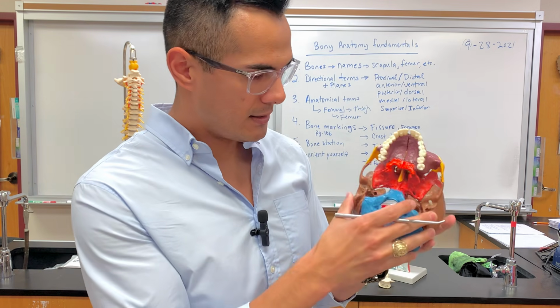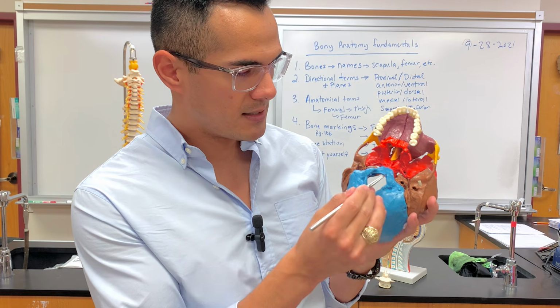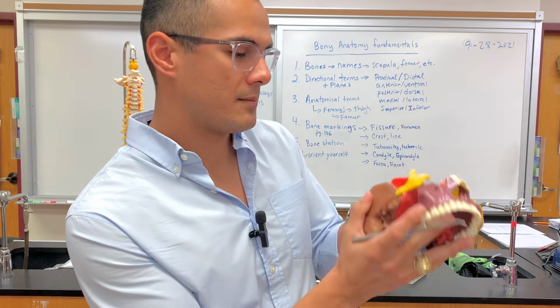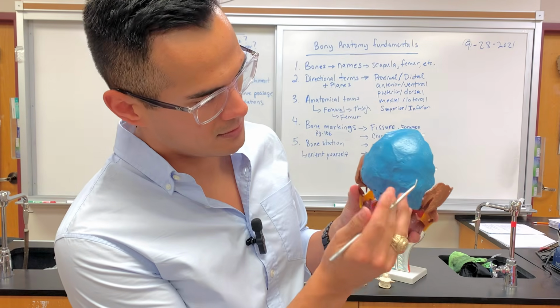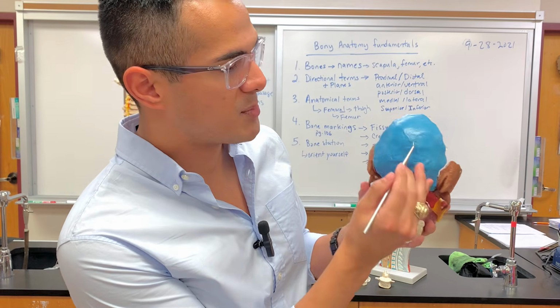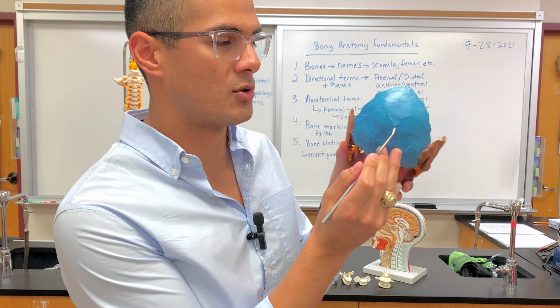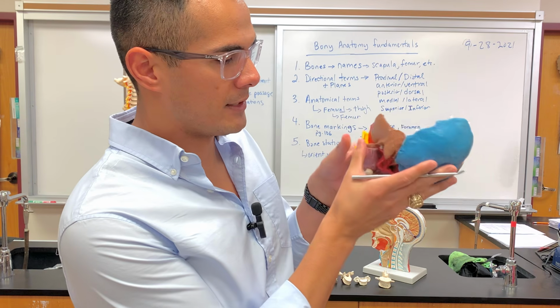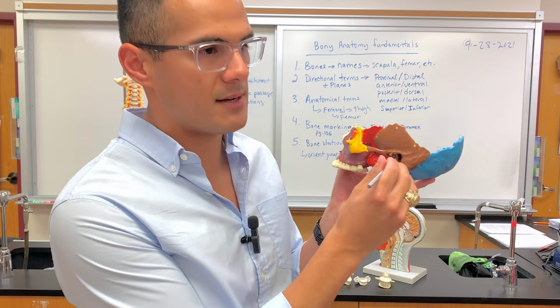Okay, so let's continue. I said this was the styloid process, this is the mastoid process, these are the occipital condyles. And if you look at the posterior side of the occipital bone, this part is known as the external occipital protuberance, external because it's on the outside. If we look at a lateral view of the skull, this part is a meatus.